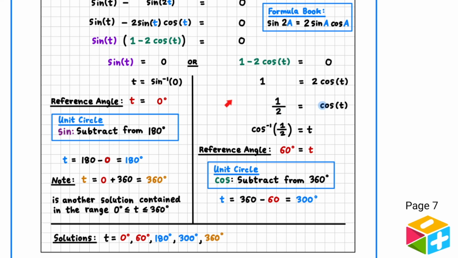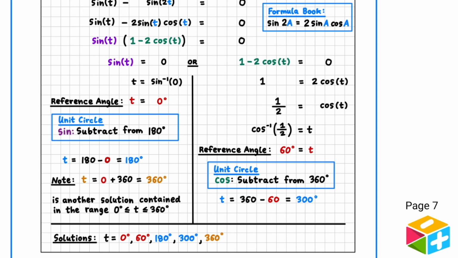Then, I'll get rid of the cos by taking cos inverse of both sides. We can use our calculator to find cos inverse of 1 over 2. This will come out as 60 degrees, so the reference angle here is t is equal to 60.